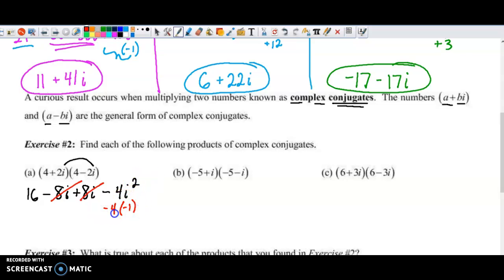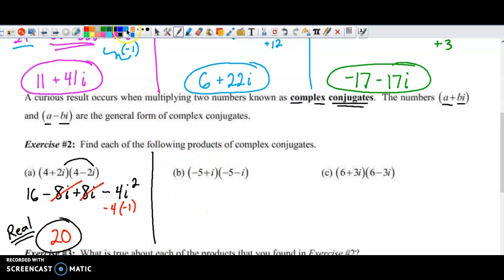That if you multiply by -4 turns into positive 4. And 16 plus 4 gives me 20. So what I'm trying to get at is you can multiply complex conjugates together and you end up with a real number. Notice that we get rid of the imaginary parts.